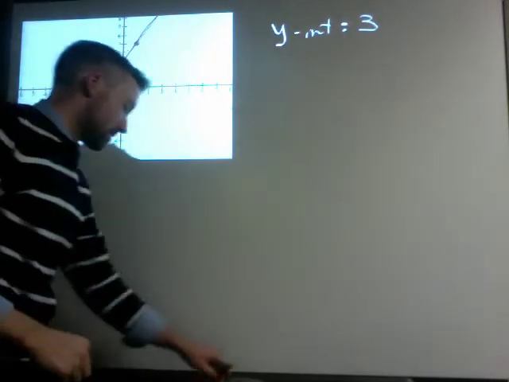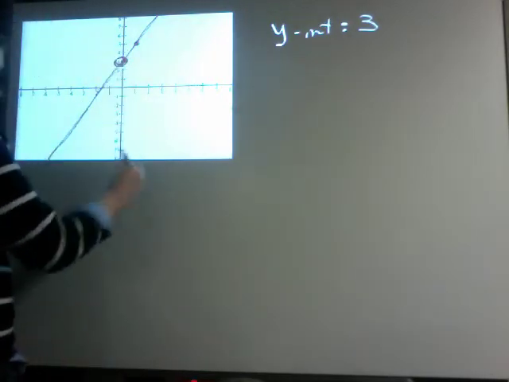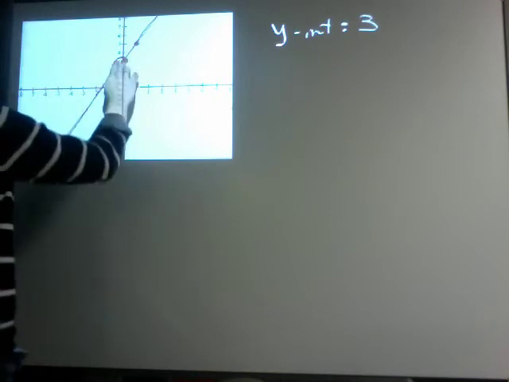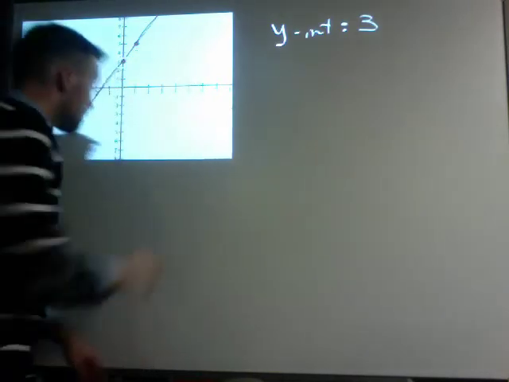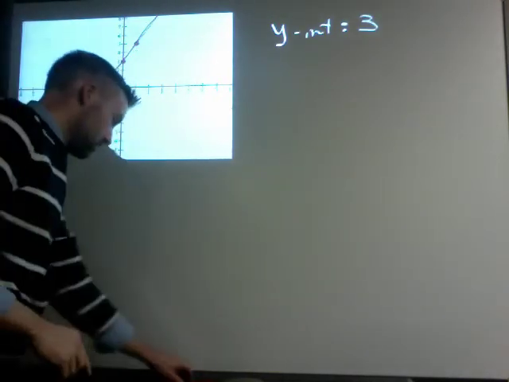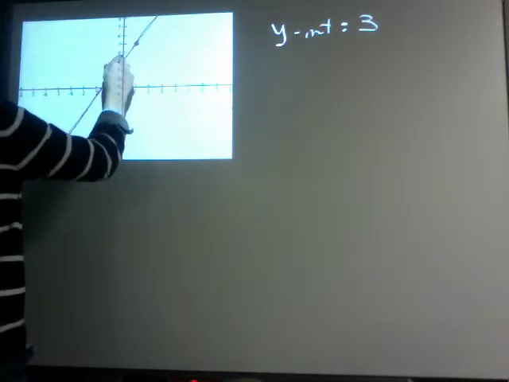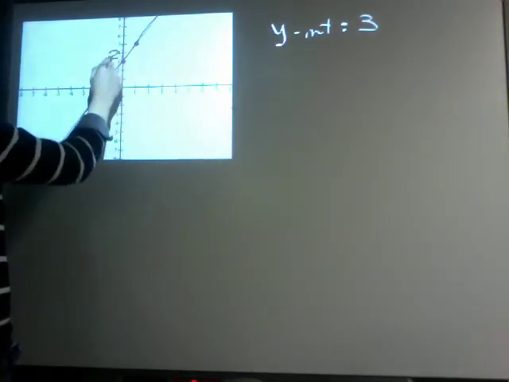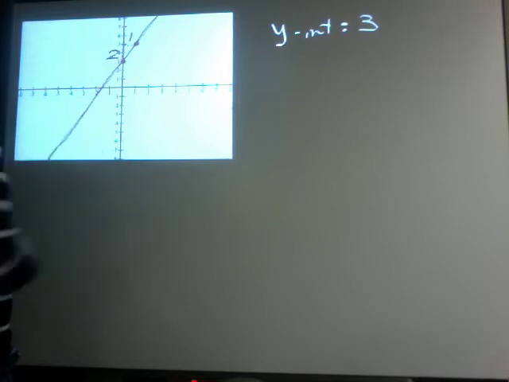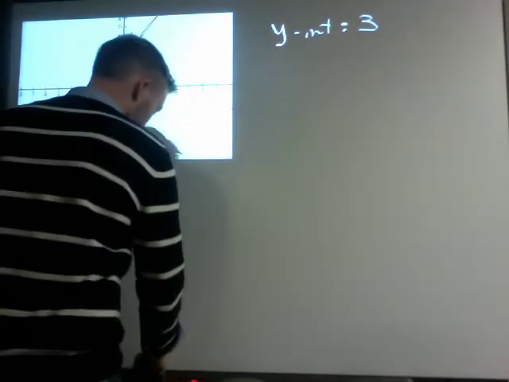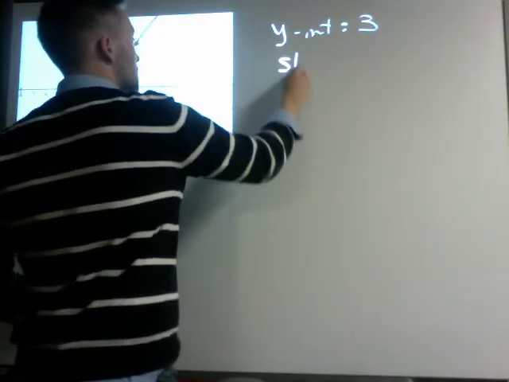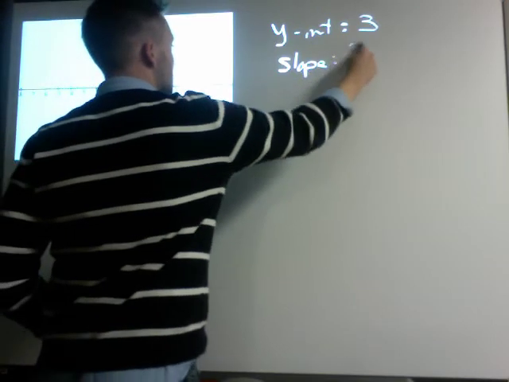What's the slope? How much does this go up? Now it's a change of 2. Over here is a change of 1. Slope was 2 over 1.